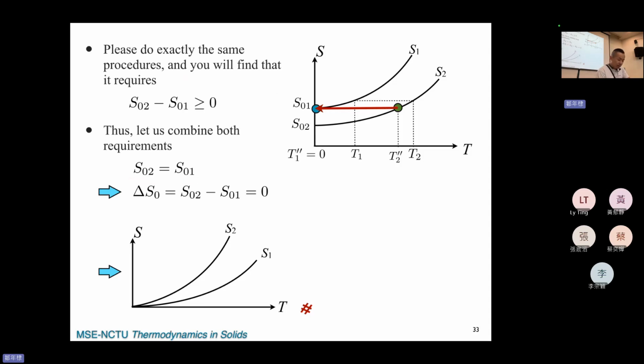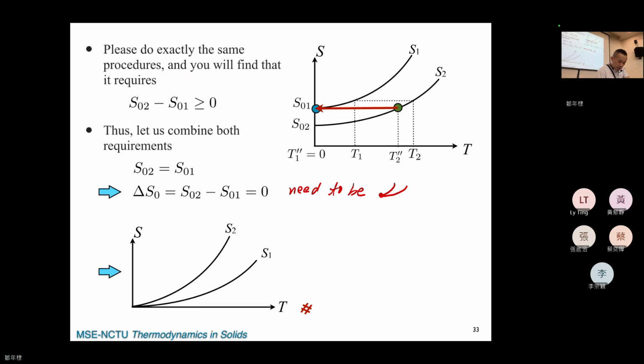All right. And then we notice that SO2 needs to equal SO1, which looks like two curves that meet at one point.